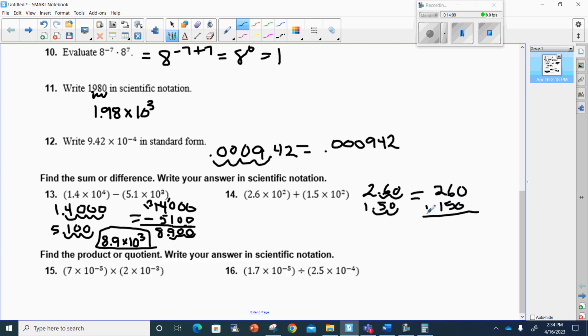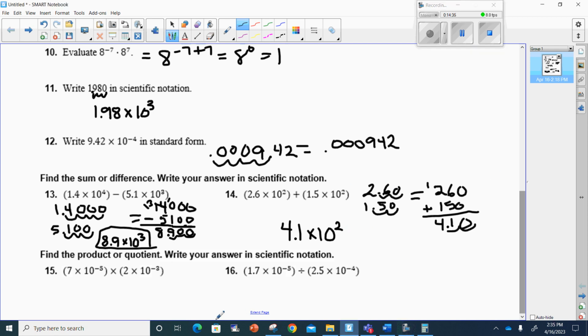And this time we are adding for sure. That's going to give me a 0, a 1, carry the 1, 410. And when I move my decimal twice back, that's going to be equal to 4.1 times 10 to the second power.